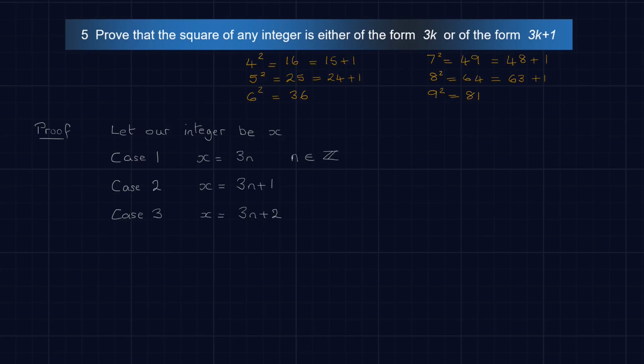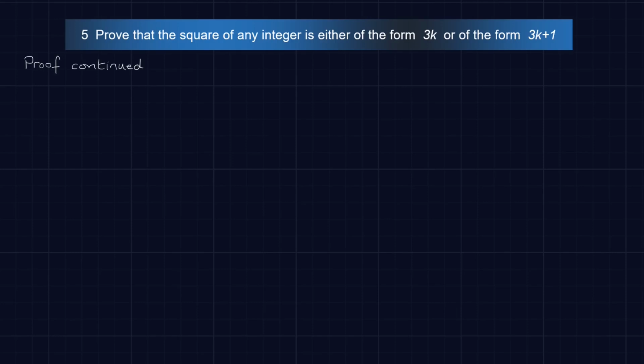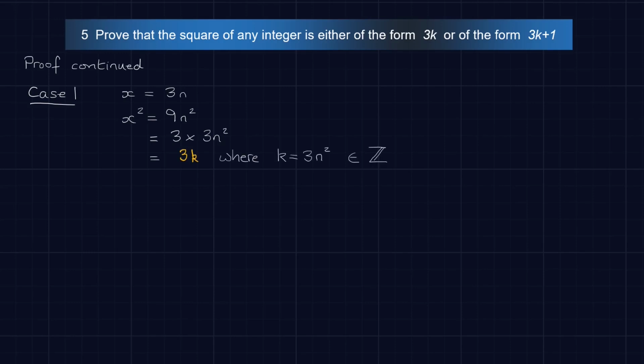Let's look at each case in turn. So in case 1, x equals 3n. So x squared is 9n squared, which is 3 times 3n squared, which is of the form 3k, where k is 3n squared, which must be an integer.